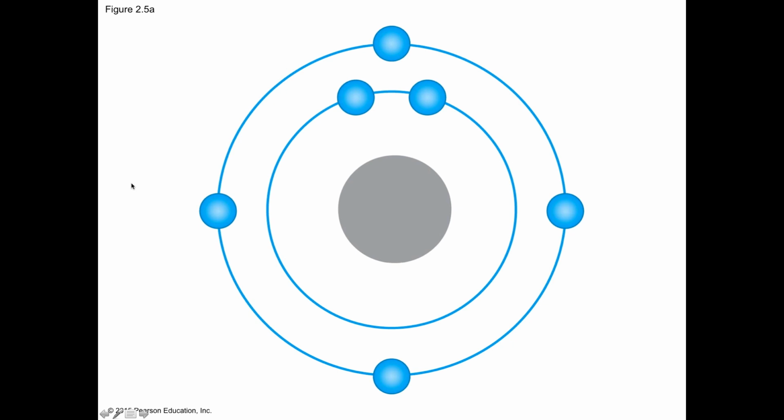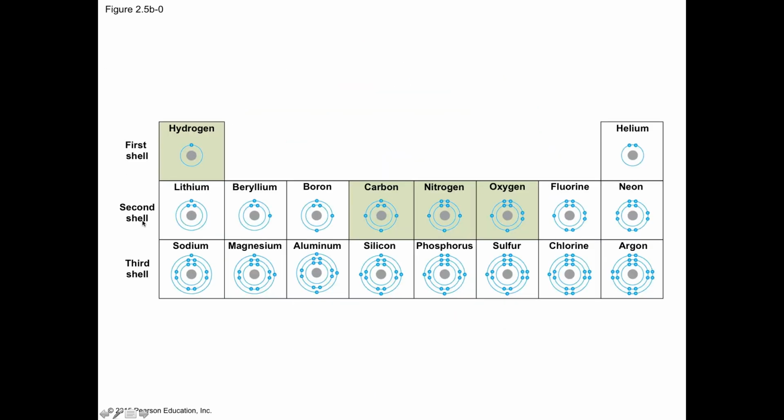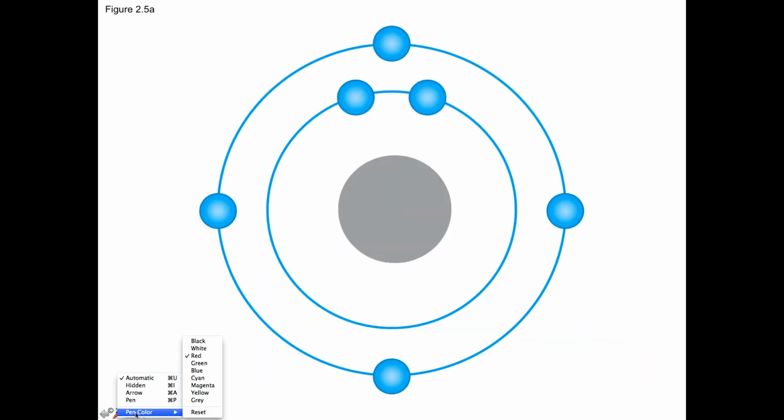One thing I did not mention, your first electron shell holds 2 electrons. This pen is not working for me. All right. The first shell holds 2 electrons, and the second shell holds 8 electrons.